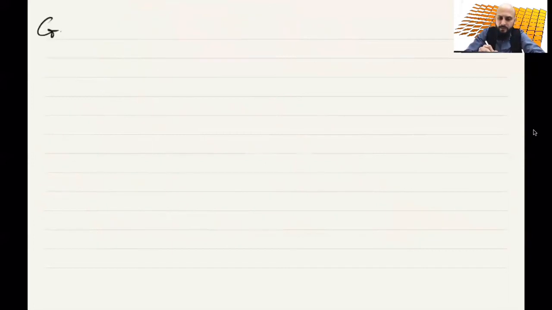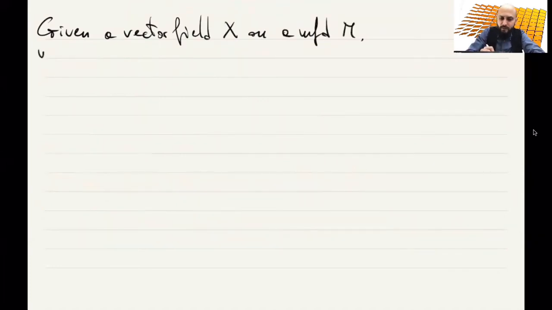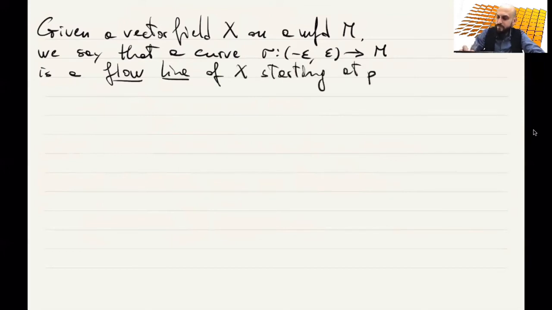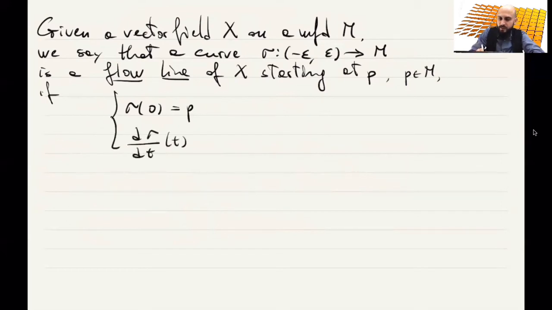All right, so now given a vector field, let's call it X, on a manifold called M, we say that a curve sigma from minus epsilon to epsilon into M is a flow line of X starting at P, where P is a point of M, if sigma at 0 is equal to P. And then if I take the derivative of this curve at time t, then I exactly have the vector field at the point sigma of t.